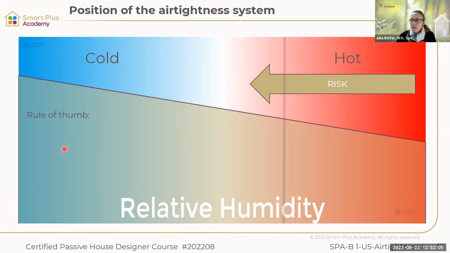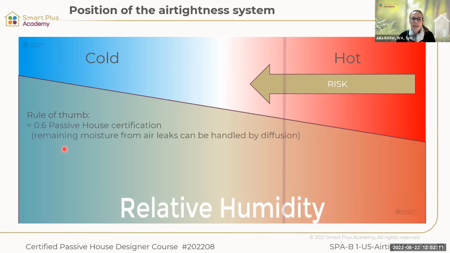Now let's talk a little bit about those airtightness levels. So our airtightness level of 0.6 air exchanges per hour, we remember now that this is our Passivhaus certification value that we need to reach if we want to have Passivhaus certification, and that the remaining moisture from air leaks, that we can handle that.